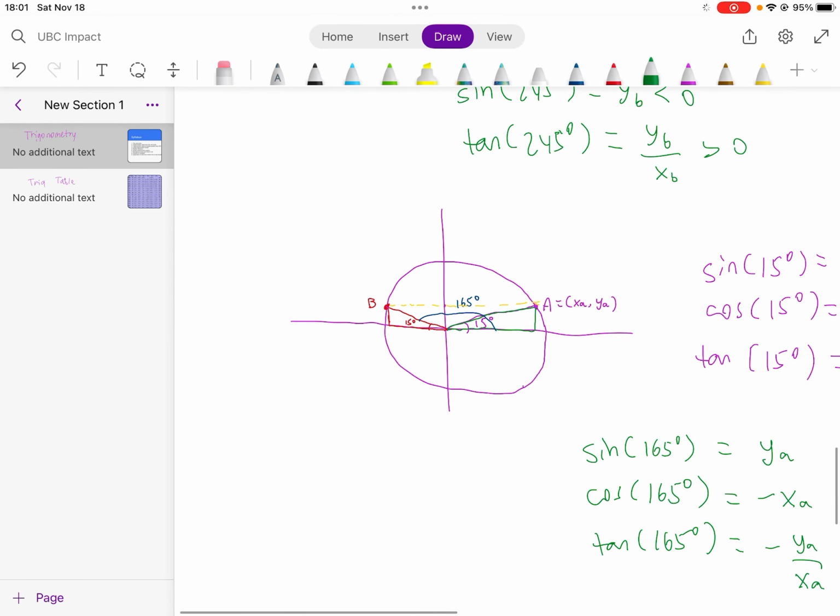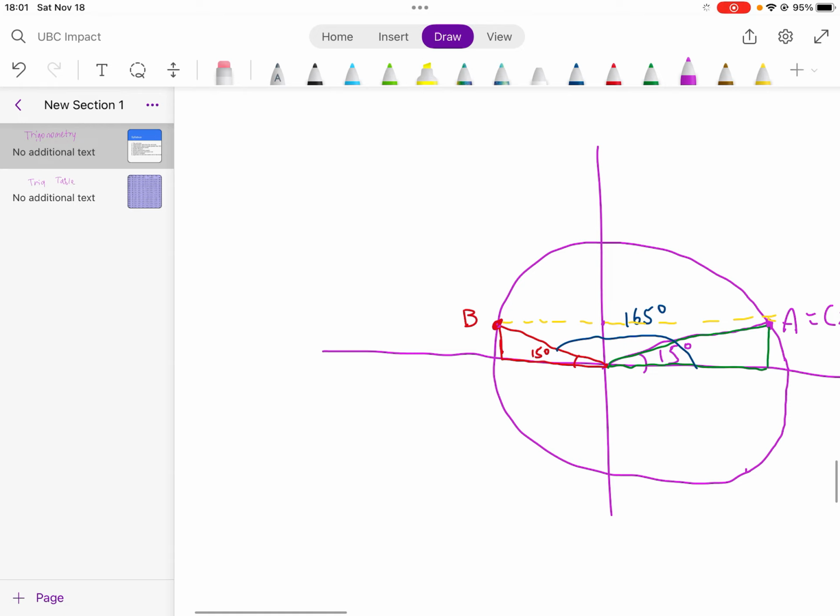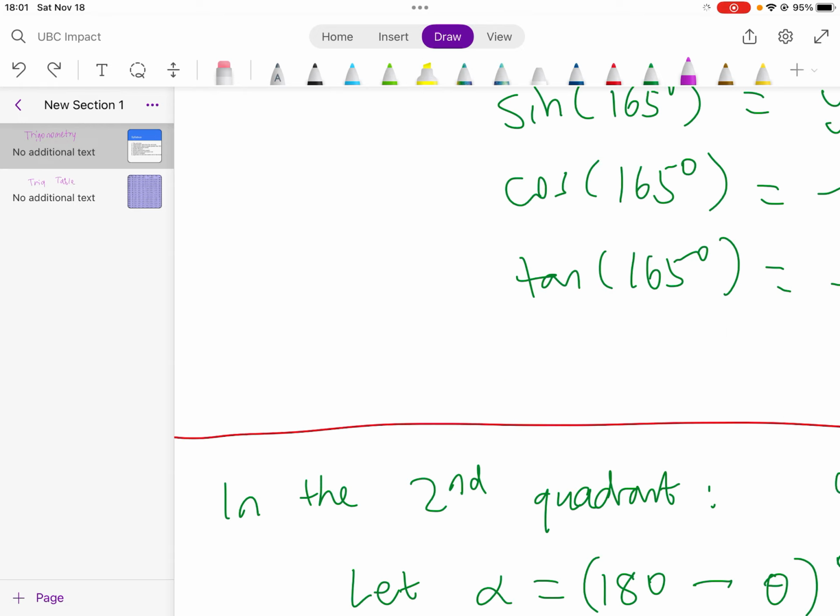So in this case, if our theta is 165 degrees, alpha is 15 degrees, so alpha would just be that value right here.